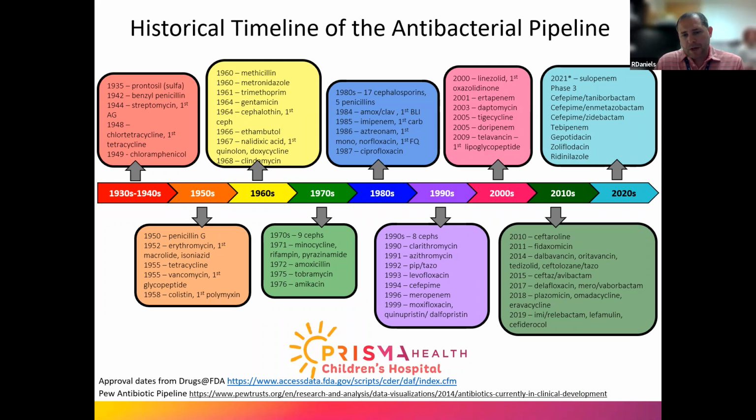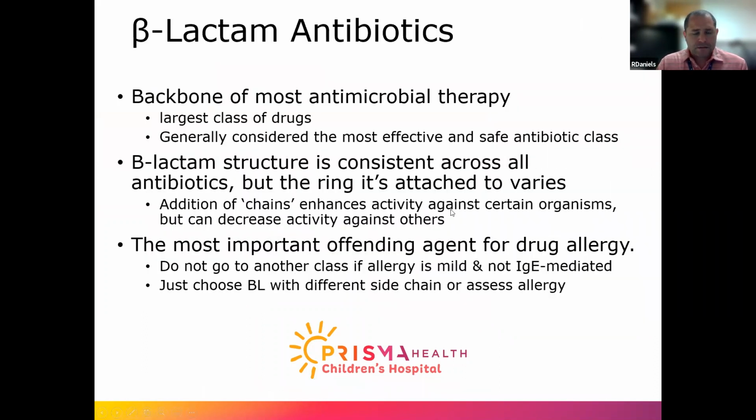As you can see, the pipeline has been pretty steady. We have about 7 to 10 antibiotics developed in a decade. But right now we've had some good headway with what's been developed.